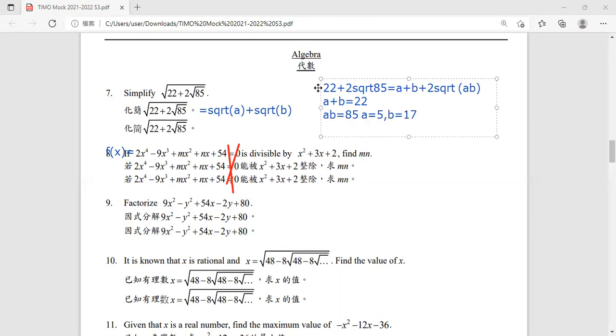So the answer here will be square root of 5 plus square root of 17. Of course, the two numbers can be swapped.